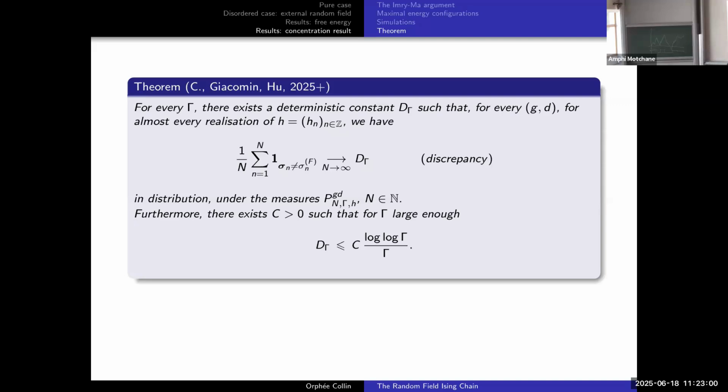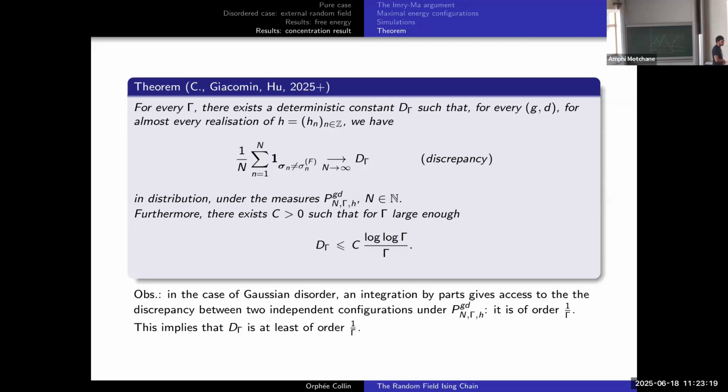Okay, so this means that essentially up to first order, the trajectories, so the configurations of this model, are really close to this Fisher configuration, which is random, but it depends on H, as the Gibbs measure itself.